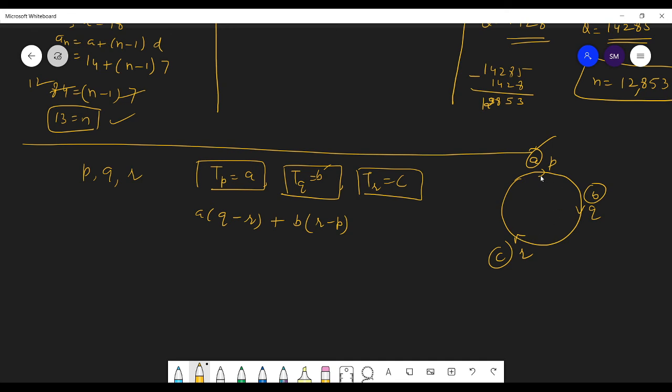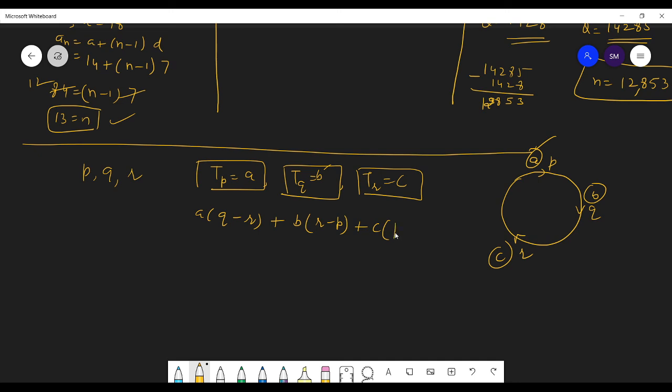Understood this concept, students? Yes, this cycle. And then you reach C, so tell me what will come from here? C into... tell me.